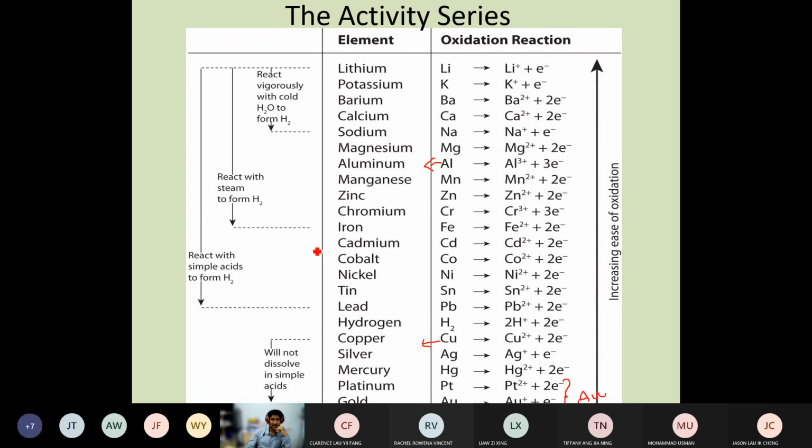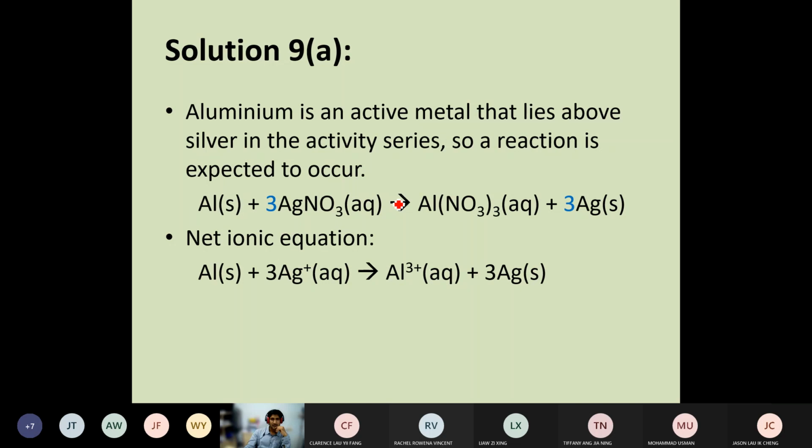So it's much higher in the activity series, so aluminium will replace the silver, and then silver will become solid and aluminium nitrate. In this way, you can also see that this is a single displacement reaction.